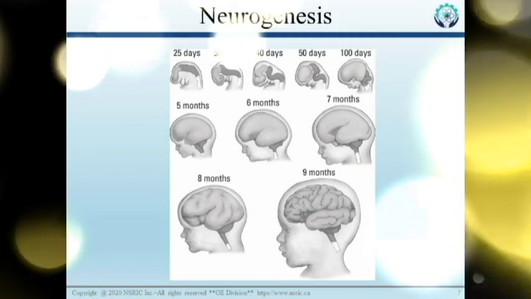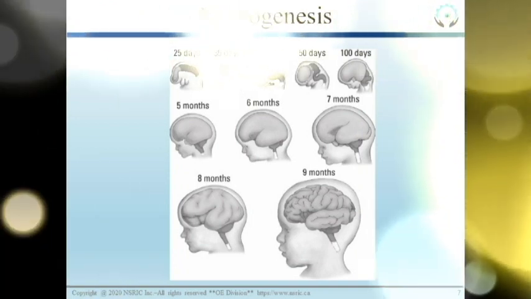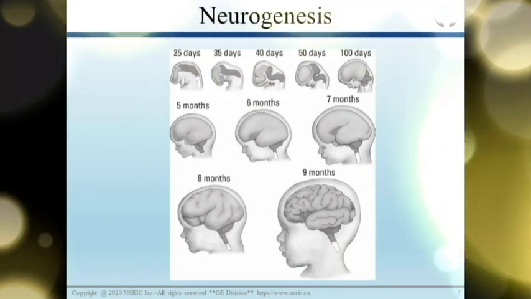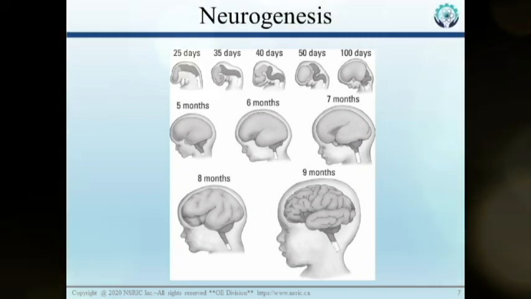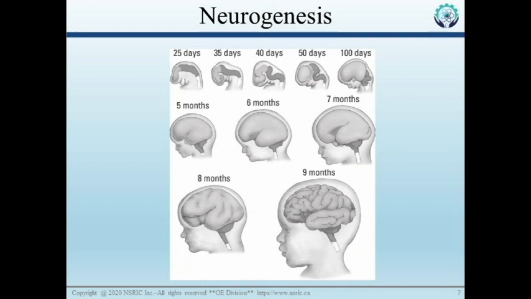But it's that remarkable and complex journey that occurs during the embryonic and fetal stages of prenatal development, where you have the development of the neural tube, the neural stem cells divide and give rise to the precursor cells, which we call neuroblasts.